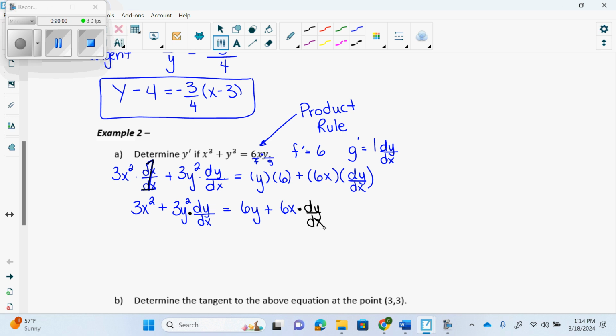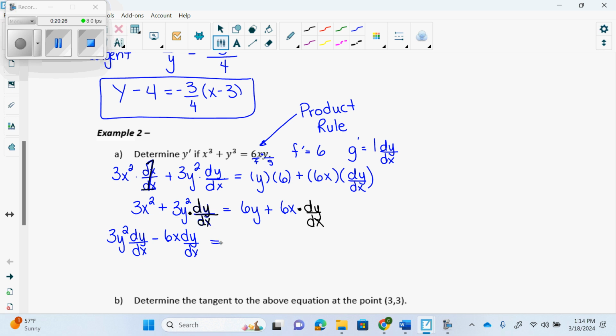Okay, people will get stuck here. These two terms, this one here and that one there, both have dy dx, so they need to join to one side, and the other terms need to go to the other. So I'm going to subtract the 6x dy dx over. So I'm going to get 3y squared dy dx, subtract 6x dy dx, because it's an adding currently.